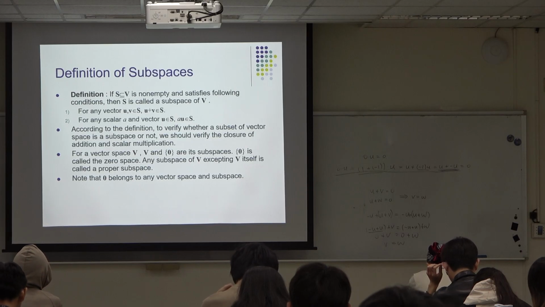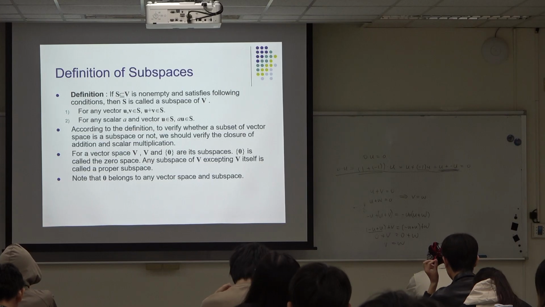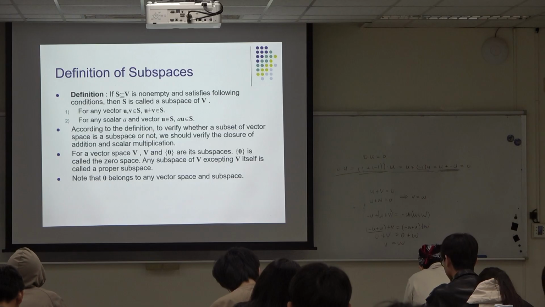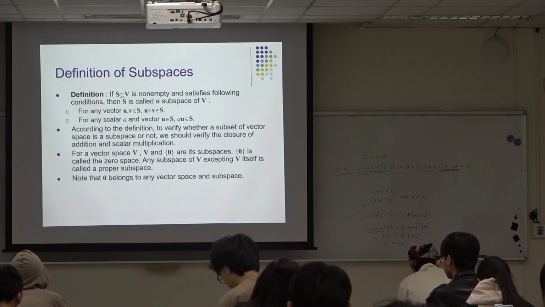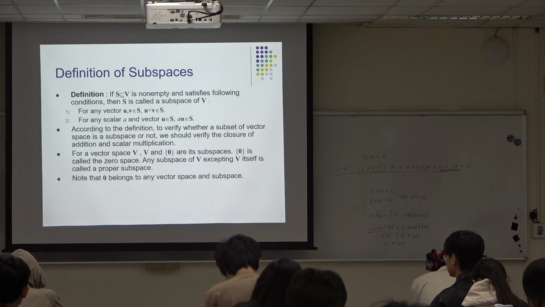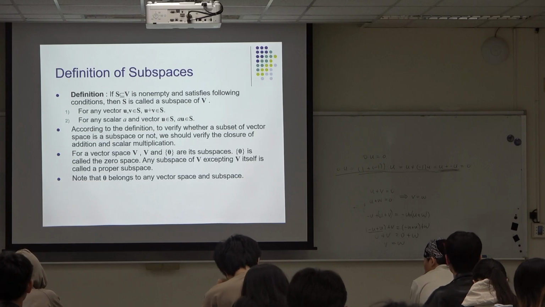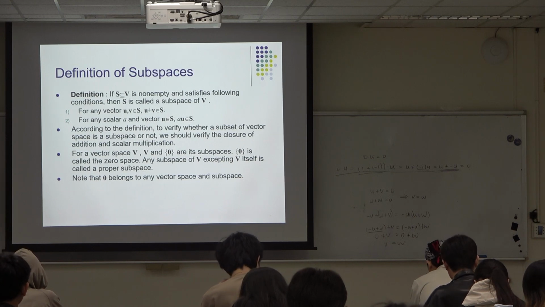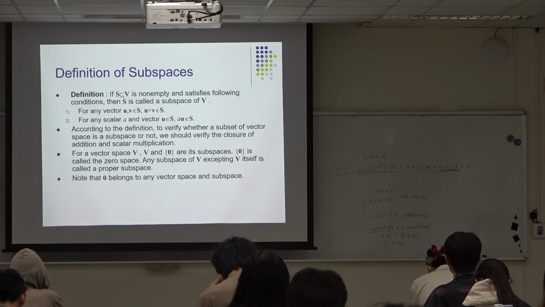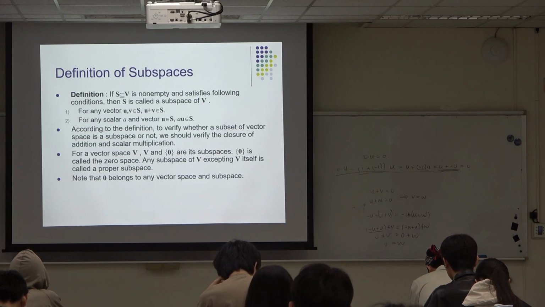Okay, this is relatively easier. Remember, V is already a vector space, so V already satisfies all those 10 actions. Okay, so for this non-empty subset S to be a subspace of V, S has to satisfy the following two conditions. For the first, for any vectors u, v in S, u plus v, the addition, must fall back into this subspace.